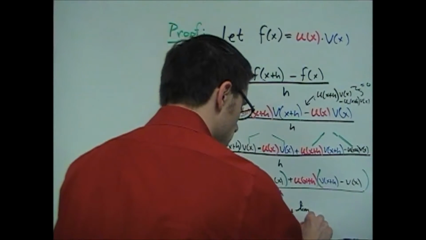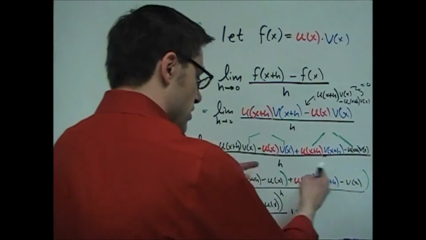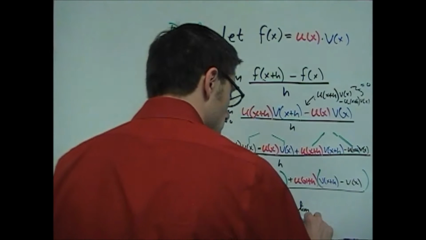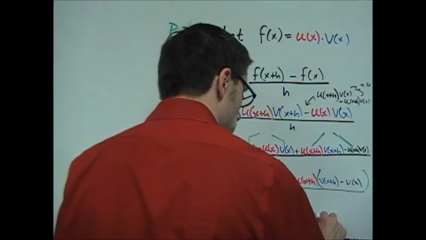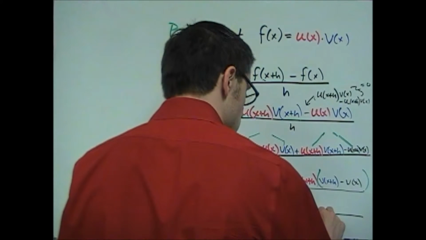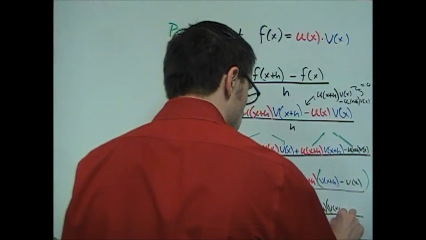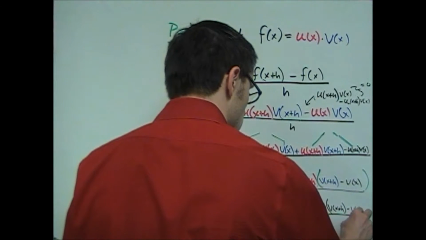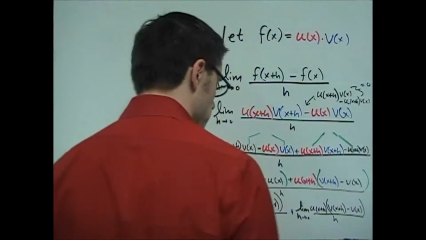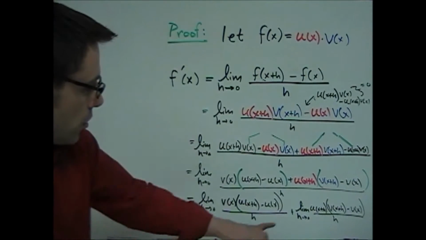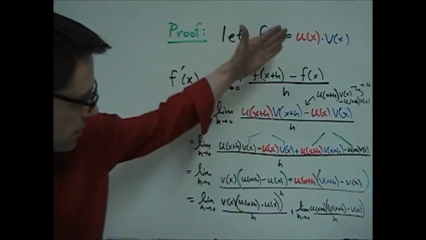Plus, I can write the limit here because, again, it's a sum with the same denominator. Limit as h goes to 0. And we have another quotient here. This is u of x plus h outside of v of x plus h minus v of x over h.